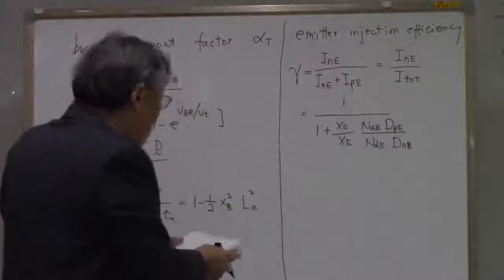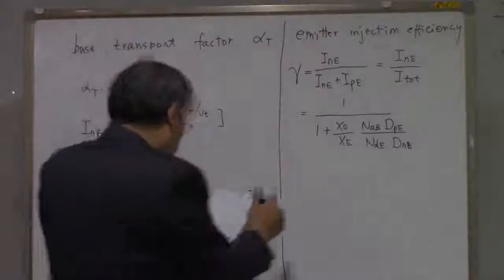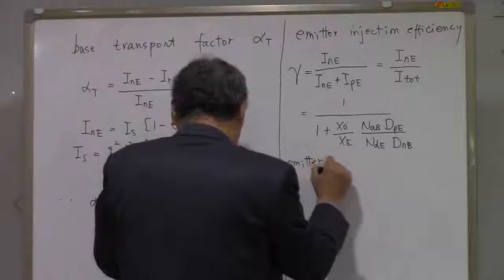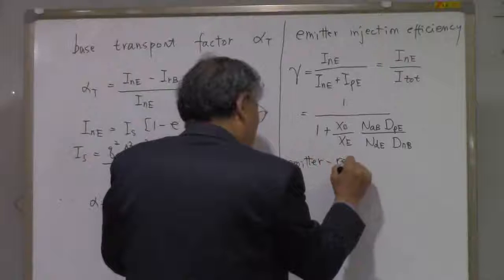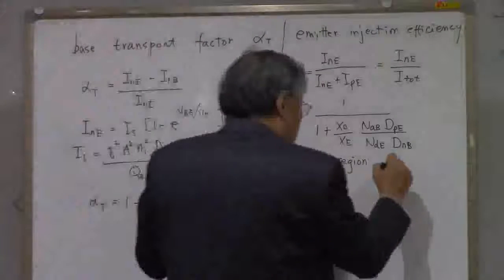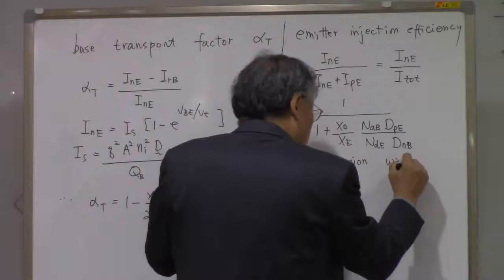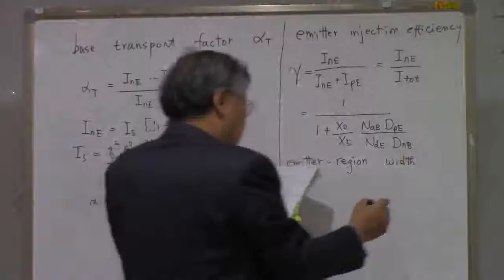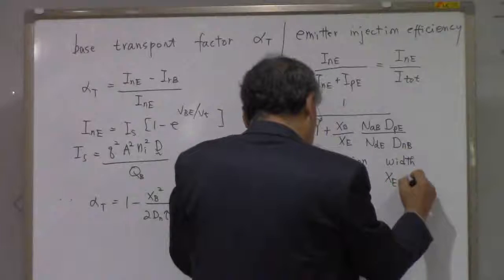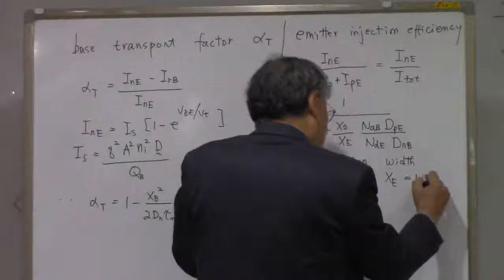To have some numbers, for example, the emitter region width XE, let's suppose is 1.5 microns.